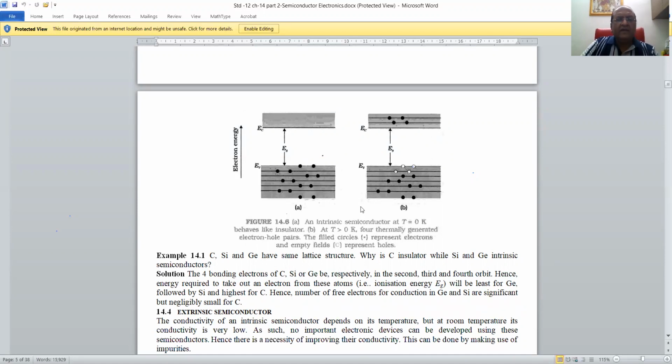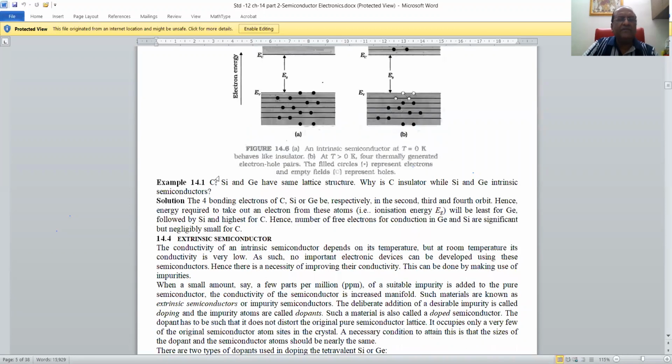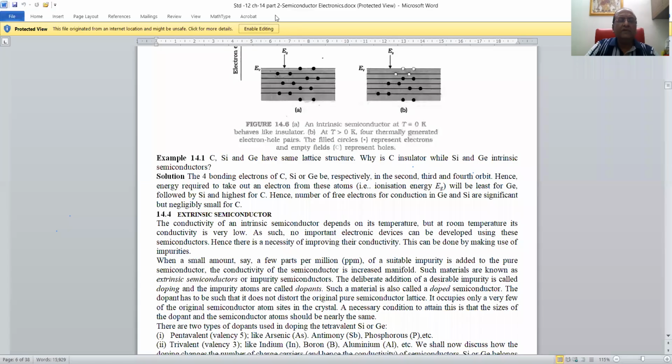Okay, then after that, example 14.1: carbon, silicon and germanium have the same lattice structure.